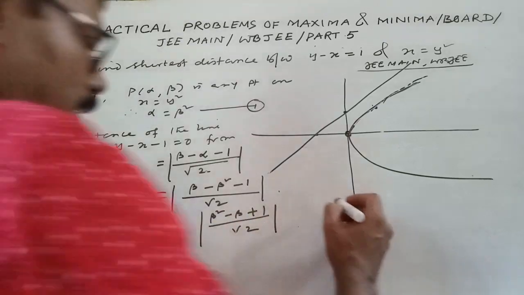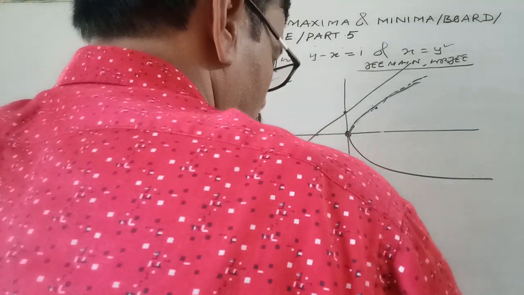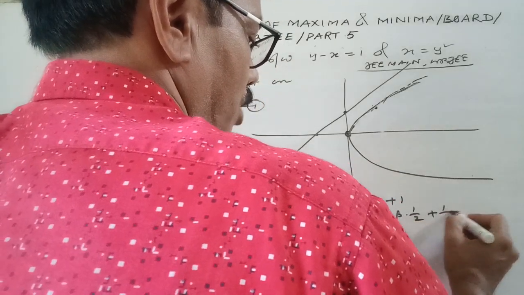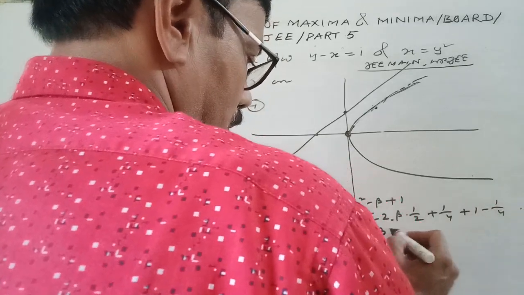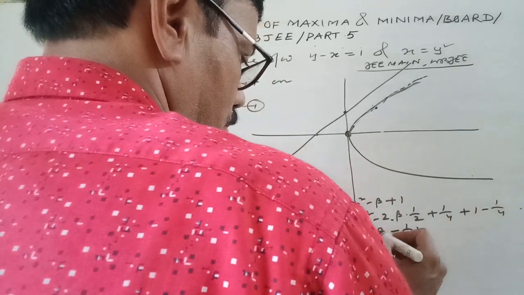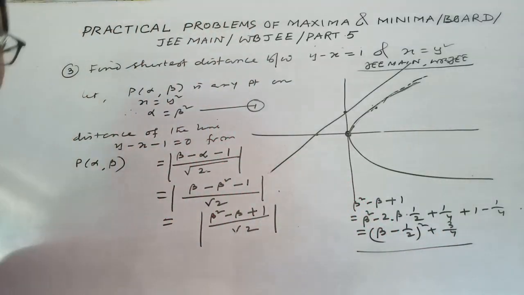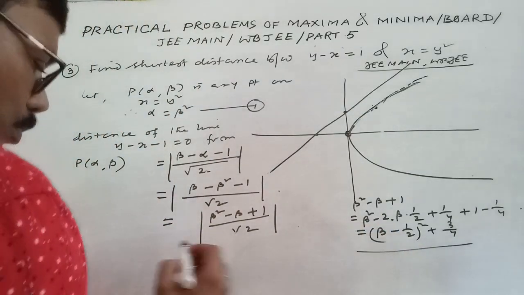Now beta square minus beta plus 1 equals to beta square minus 2 into beta into half plus 1 by 4, minus 1 by 4 plus 1. So this is beta minus half whole square plus 3 by 4. So it is sum of squares, so it is always positive. So this should be noted.